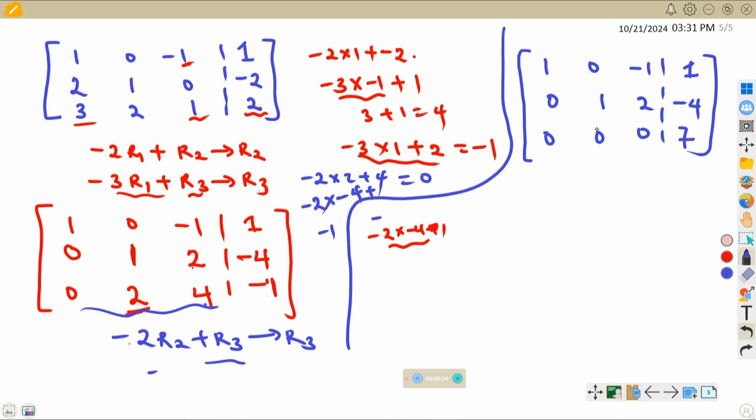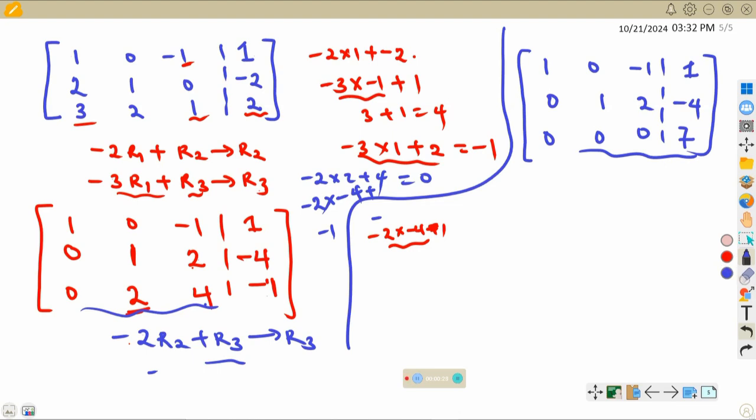So we can clearly see that when you look at this last row, the last row is actually showing that the system is inconsistent, because 0 equaling to 7 does not exist. When you get back the linear system, you realize that 0 equaling to 7 does not exist.